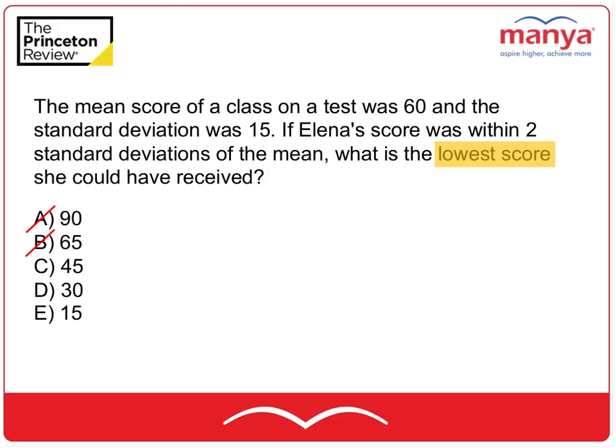It is not A and B because they wanted the lowest score she could have received, and the mean is 60, so it can't be above 60, like 90 or 65. So how can you choose C, 45? What is 2 standard deviations below the mean? That is what we need to find.